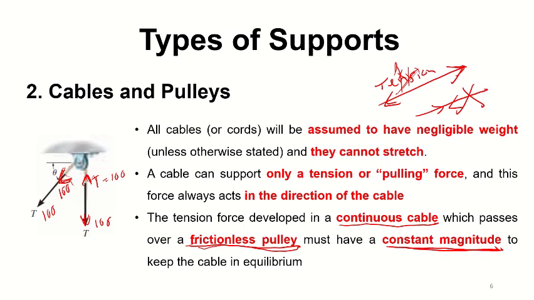So if a cable is going through that type of pulley, a frictionless pulley, then we assume the magnitude of the tension force along the cable is equal everywhere, right? The force might be different because force has a magnitude and a direction, but the magnitude of that force is equal, right?